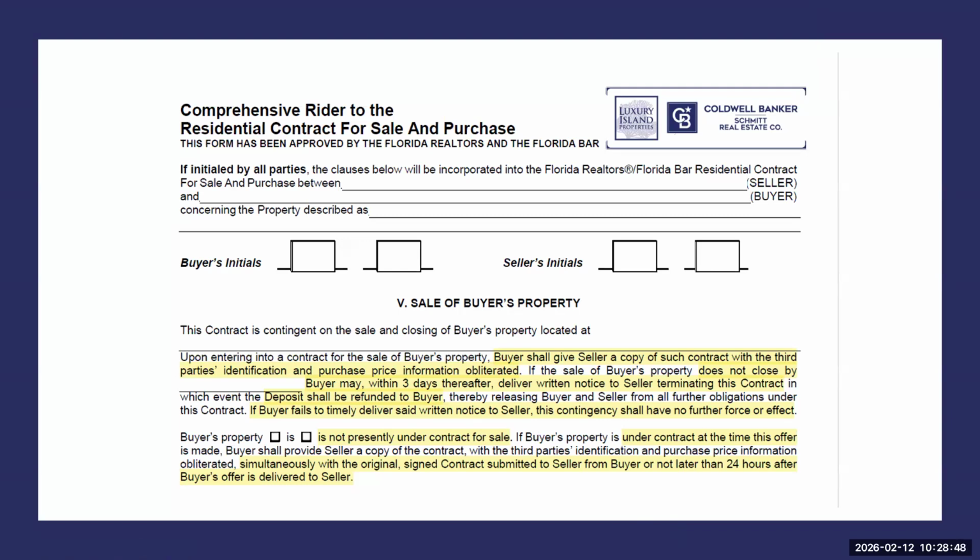The inspection should have been done before. I'm writing one now, expecting that the buyer is going to do the inspections and do the loan approval and at least get that far, and now we're just waiting for the sale of the buyer's property.